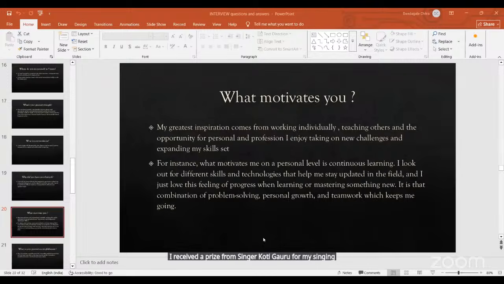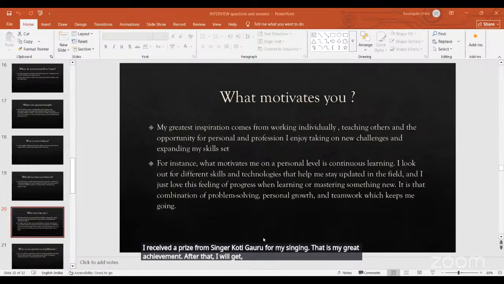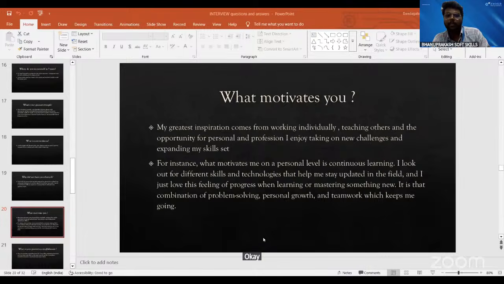That is my greatest achievement. After that, I got 10 out of 10 in 10th class, and after diploma, I got 90 marks. That is the greatest achievements for myself. Okay. That's really appreciating. Okay, you achieved a lot of good things.